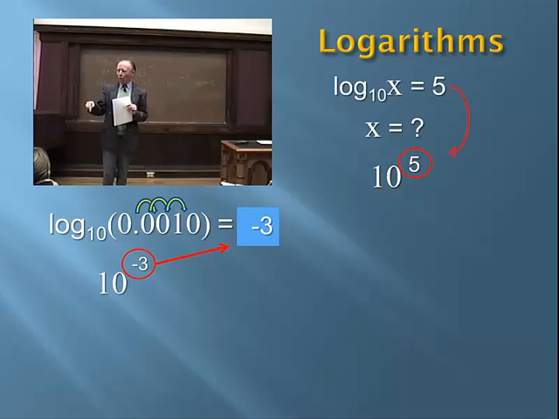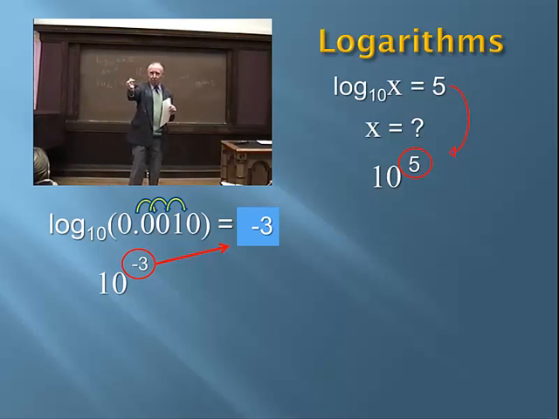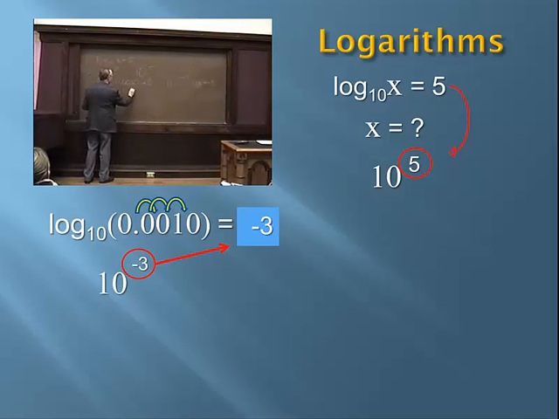What's the logarithm of 0.001? Negative 3. Am I making sense? Okay. Am I making sense for you? Not yet. Not yet. I'll keep listening. Okay. Now, if this is 0.0001, then the logarithm would be negative 4. 1, 2, 3, 4.